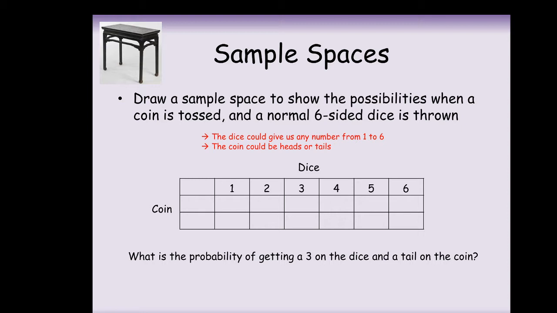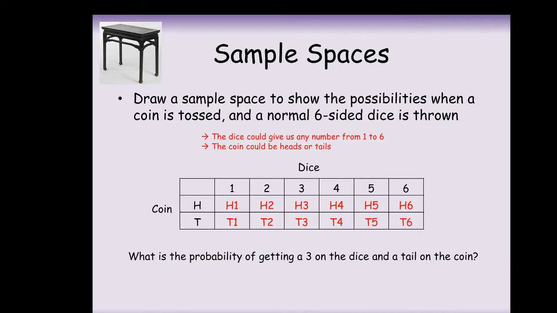So the dice is 1, 2, 3, 4, 5 and 6, and the coin is heads or tails. So our options: a head and a 1, a head and a 2, a head and a 3, a head and a 4, a head and a 5, a head and a 6. You've got a tail and a 1, a tail and a 2, a tail and a 3, a tail and a 4, a tail and a 5, a tail and a 6.